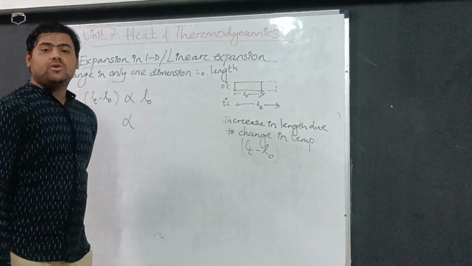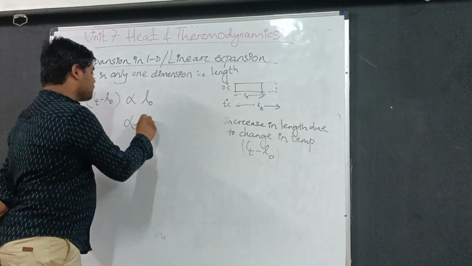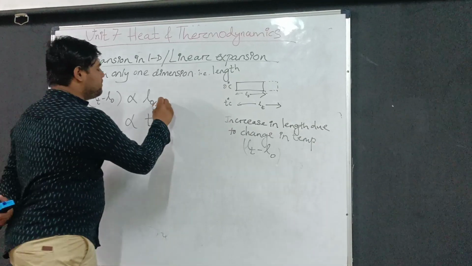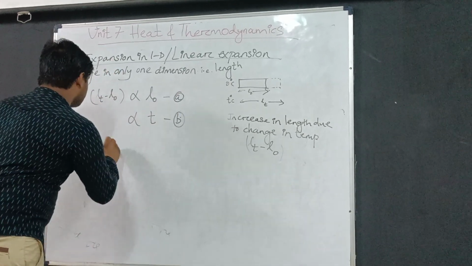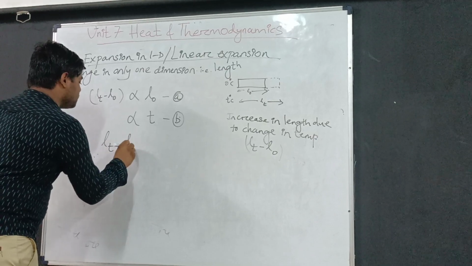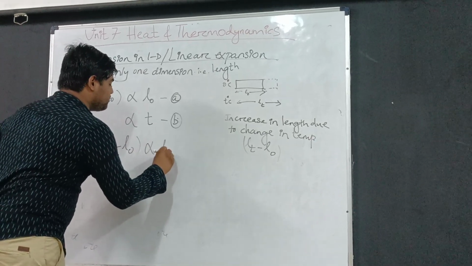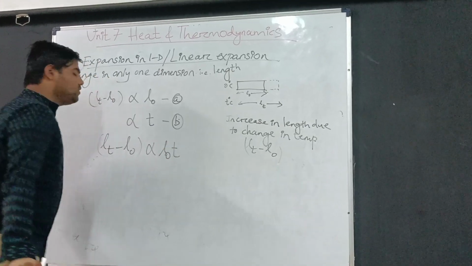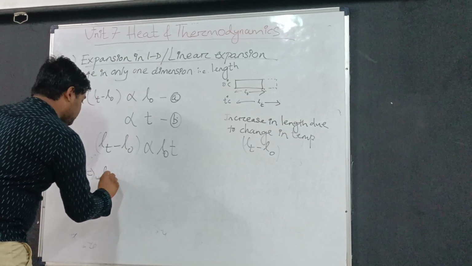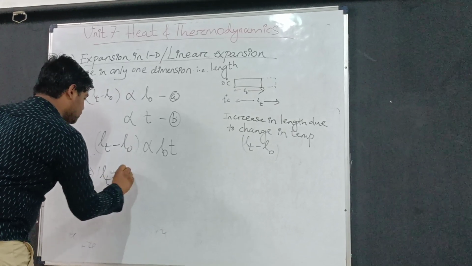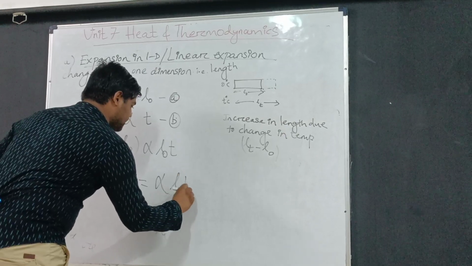It also depends on the rise in temperature, which is T. Now let us combine these two expressions. We get LT minus L0 is directly proportional to L0 T. We can also write LT minus L0 is equal to a constant of proportionality times L0 T.